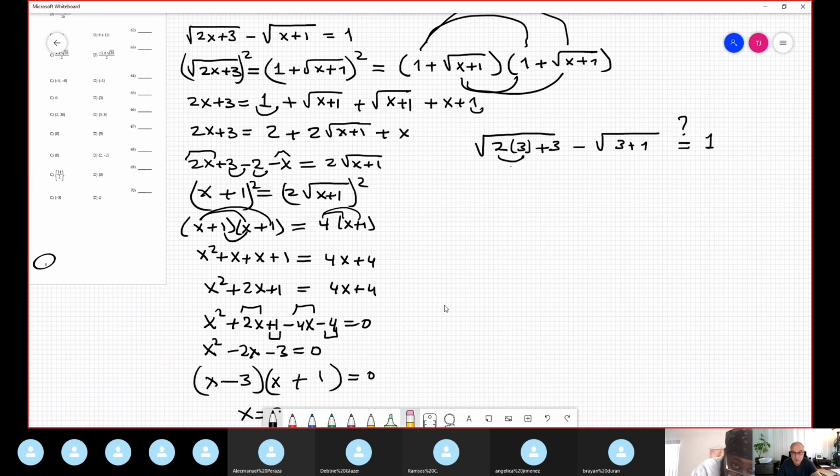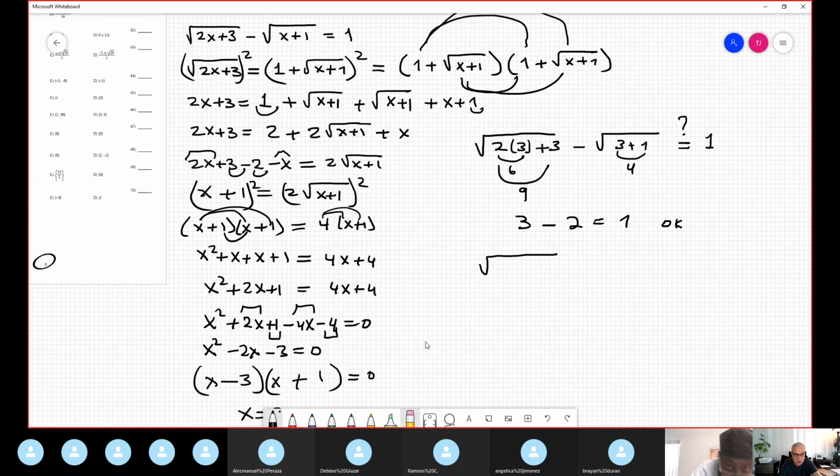This is 6, this is 9. Square root of 9 is 3, minus. This is 4. Square root of 4 is 2. 3 minus 2 equals 1. Okay. Solution 3 worked.